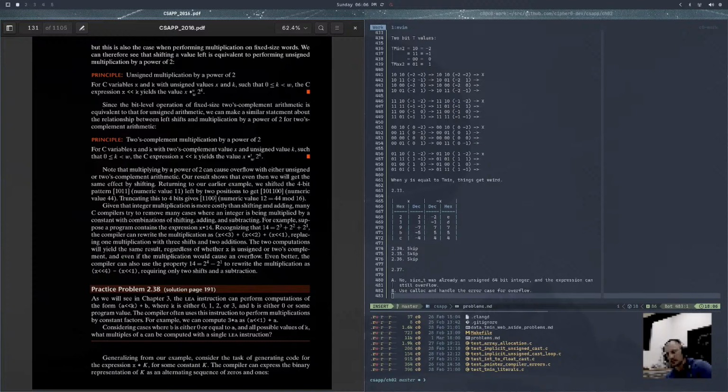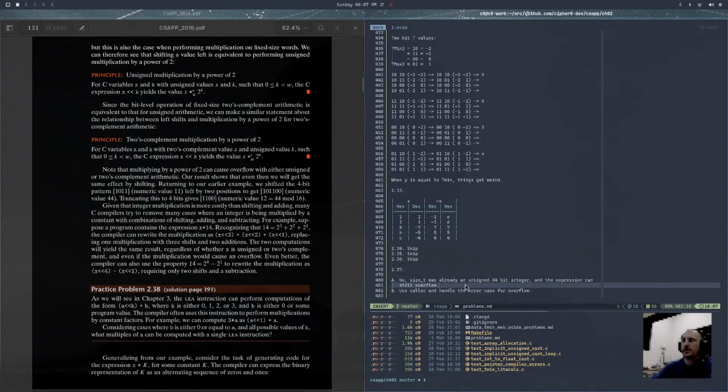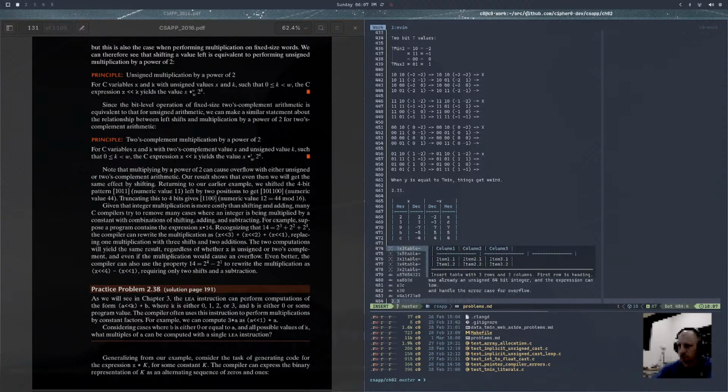Alright, so we've got practice problems here. Problem 2.38. As we'll see in chapter 3, the LEA instruction, load effective address, can perform computations of the form a left shift k plus b, where k is either 0, 1, 2, or 3, and b is either 0 or some program value.